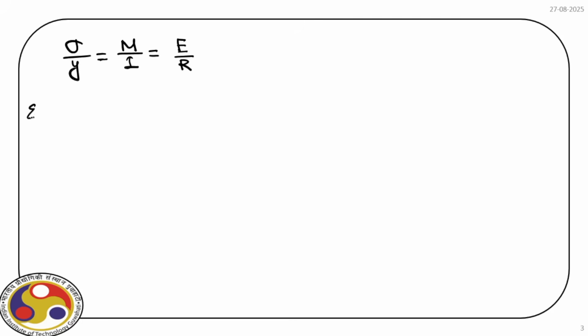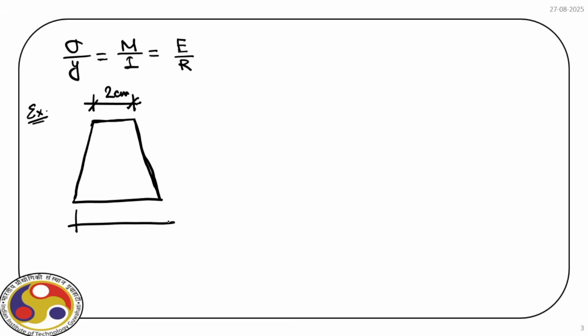Say we have a section of the beam given, which has a width at the top of 2 centimeter and at the bottom it is 6 centimeter.